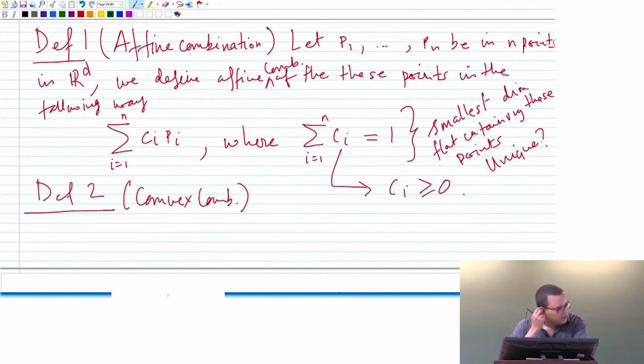Let us say you have some points in R3, and these points lie on a line. All of them lie on a line. The number of points, let us say, is greater than or equal to 3, 4, whatever. 5 points all lying on a line.